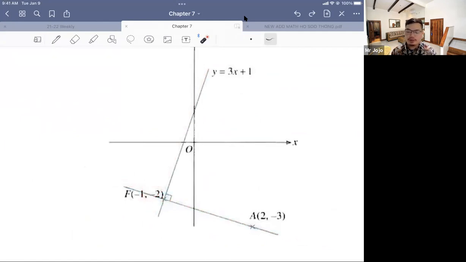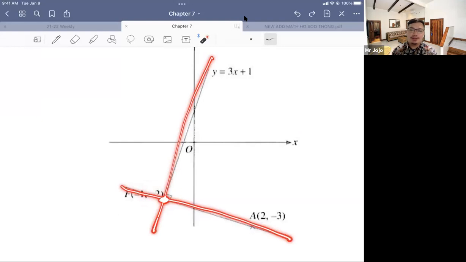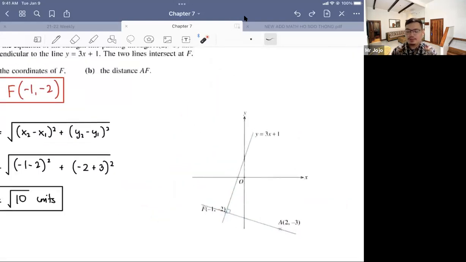So first thing that you need to do here, class, is to basically get the equation of this line, right? And then since they are non-parallel lines, how do you solve two lines that are intersecting? You can solve this by solving them simultaneously, right? So that's what we're going to do.